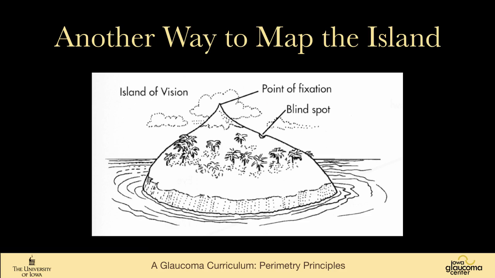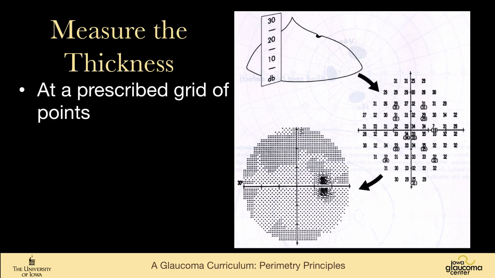Well, the other way to map this island is to measure the thickness of the island at a prescribed grid of points. And so this is again our island, and we take this pattern, overlay it over the island, and measure how thick the island is at all these different points, and then color that with the color of grayscale.